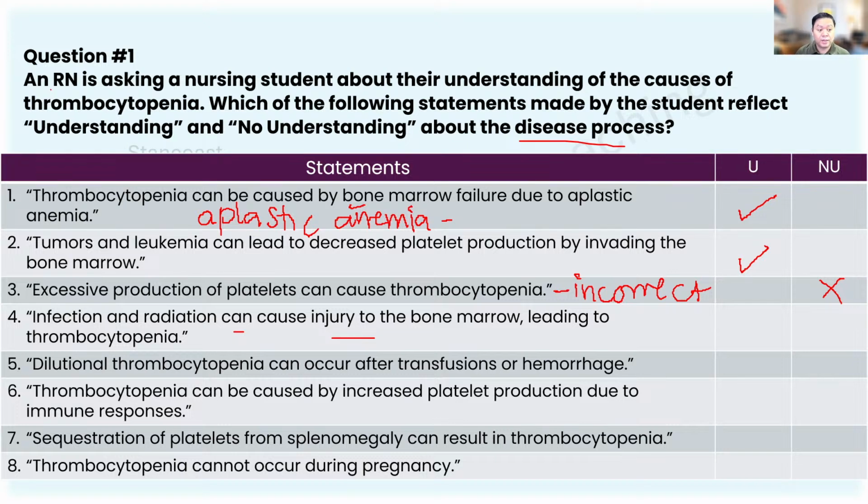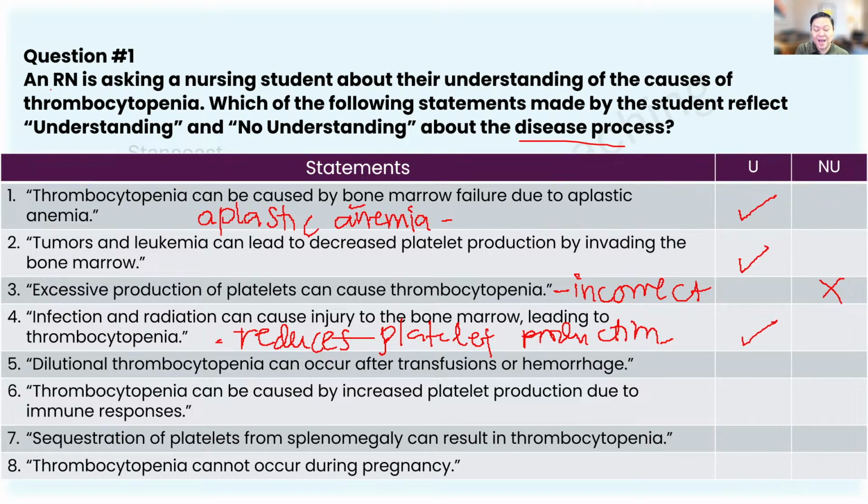So here, the infection, or both the infection and radiation, can actually damage the bone marrow, so it will also reduce platelet production. All right, so this is reflecting understanding.